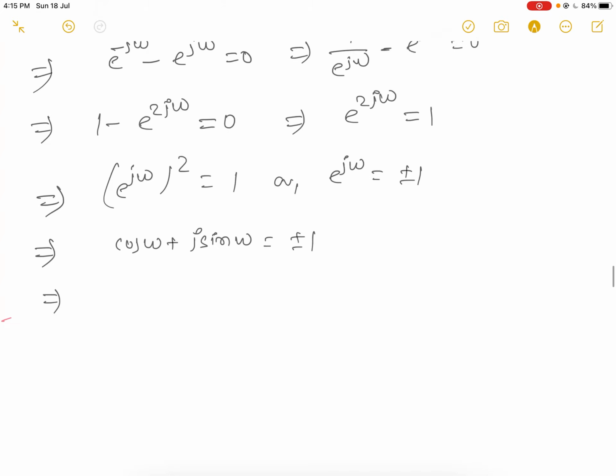When it is 1, cos omega plus j sin omega is equal to 1. Take the first condition as plus 1. When you take the omega value pi, it will be negative, because cos is defined for 0 to pi and 2 pi.